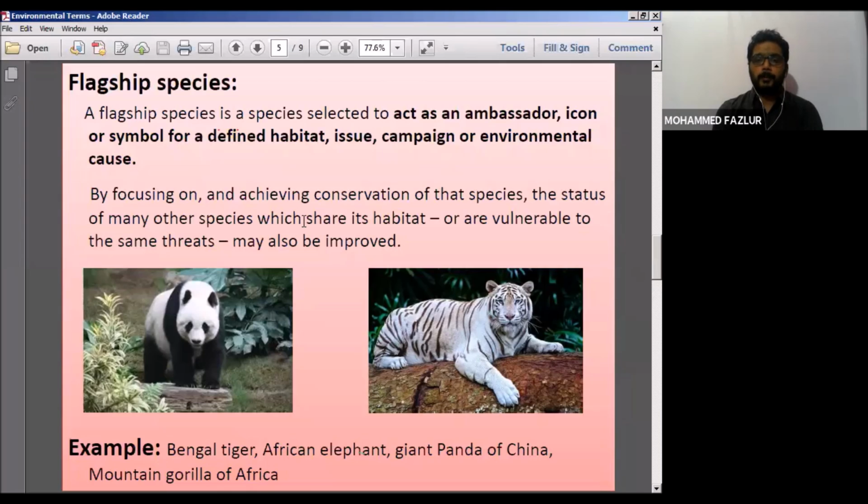And who will be giving protection? These species will be getting protection from the community level, the government level, private organizations or international organizations. So when you declare a species as a flagship species, you are raising a flag. Why are you raising a flag?